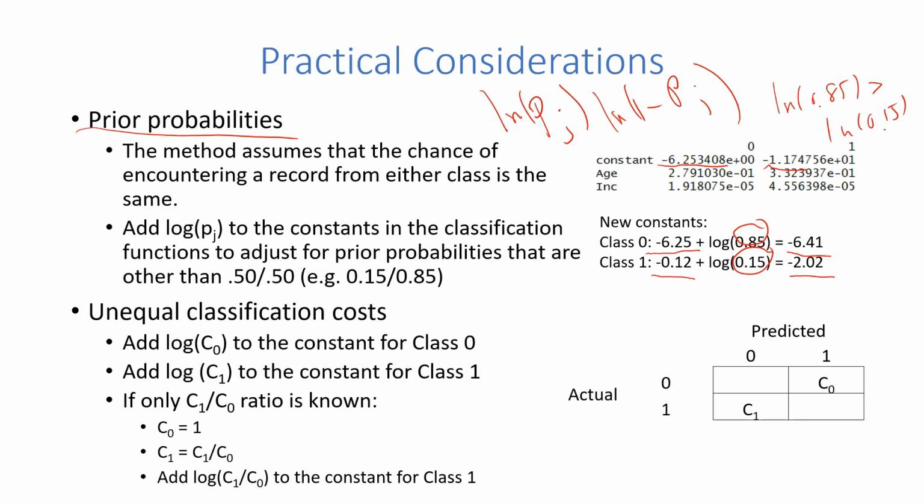As a result, the classification score for class 0 will more likely be larger, resulting in a higher chance of cases being classified into class 0. Of course, the same effect can be achieved by simply adjusting the cutoff probability value once the classification scores have been converted into probabilities.